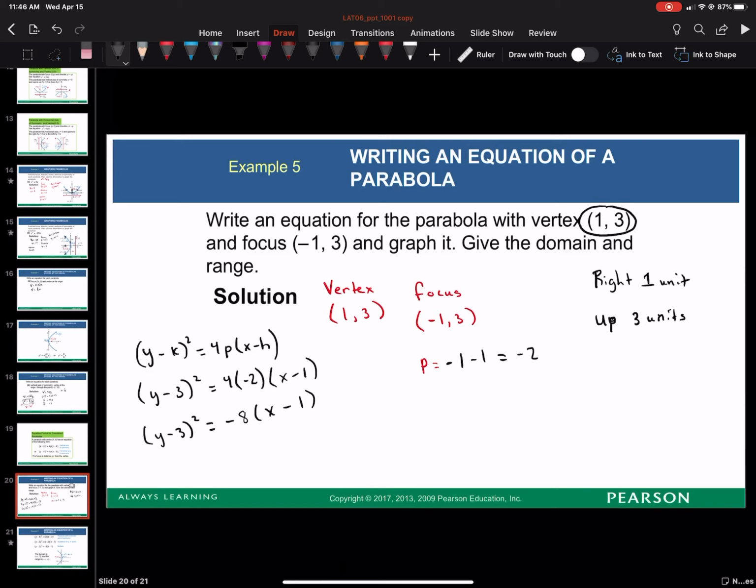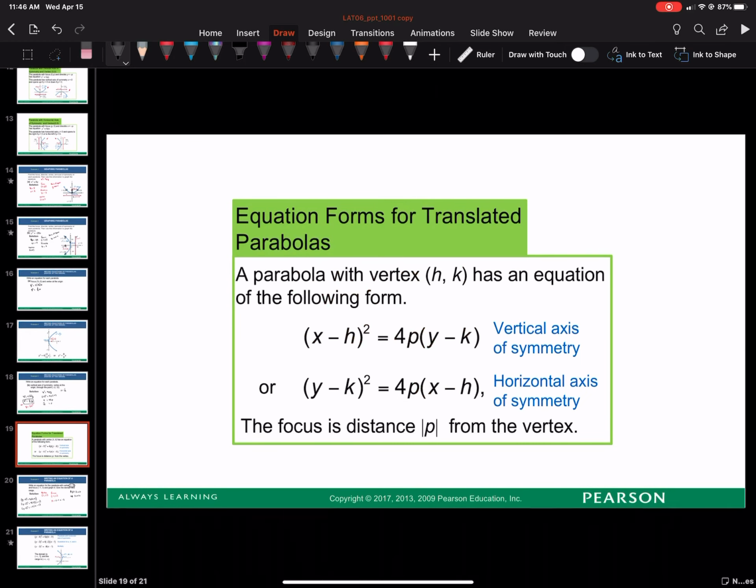If we think about our focus point, you have to keep in mind that the focus is the distance of the absolute value of p from the vertex.